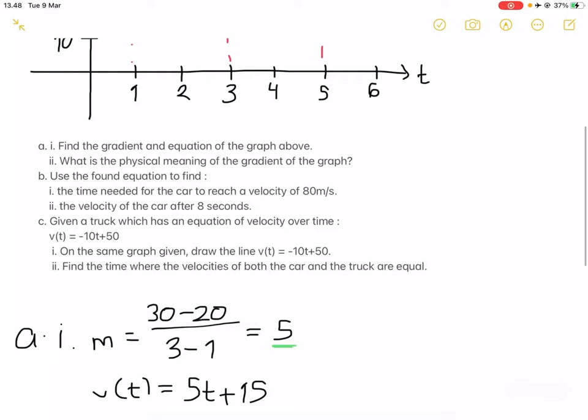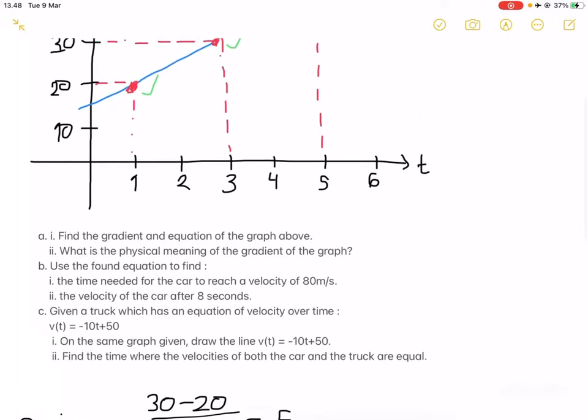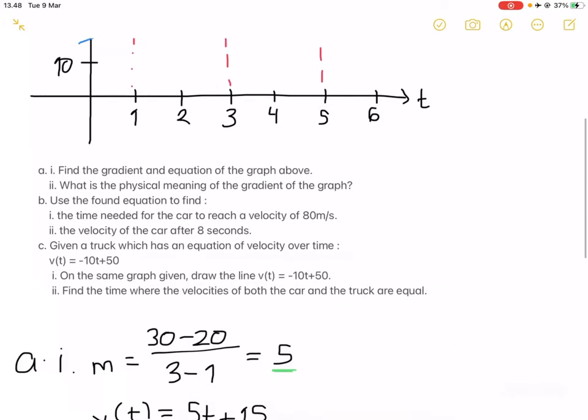Alright, and for part C, given a truck which has an equation of velocity over time as shown, v of t is equal to negative 10t plus 50. On the same graph given, draw the line v of t equals negative 10t plus 50. There are many strategies to draw a line on a given graph.